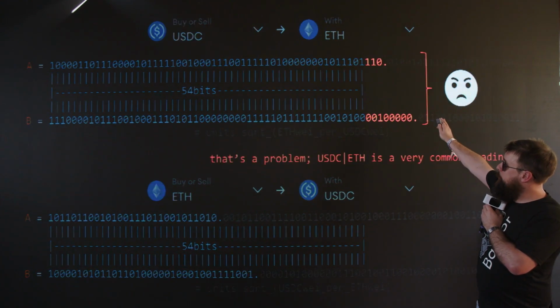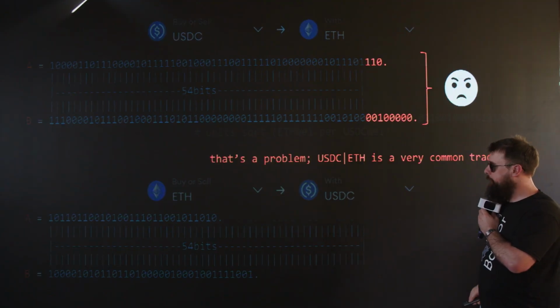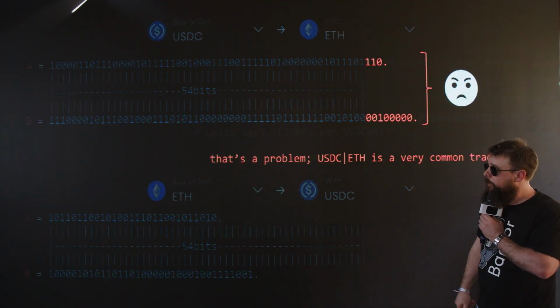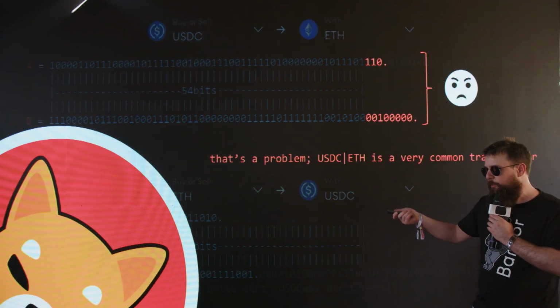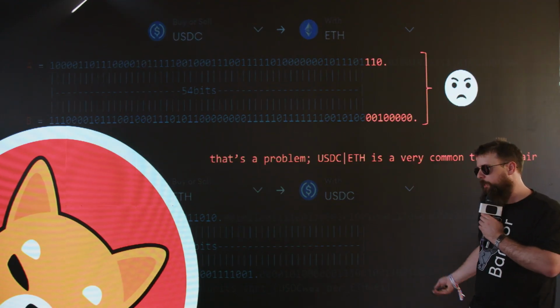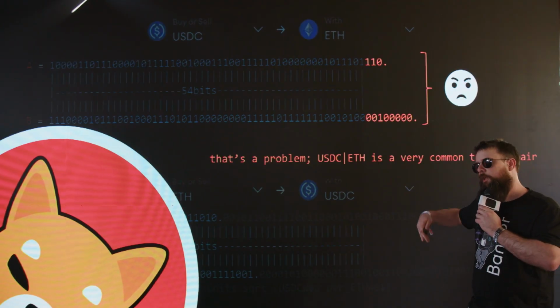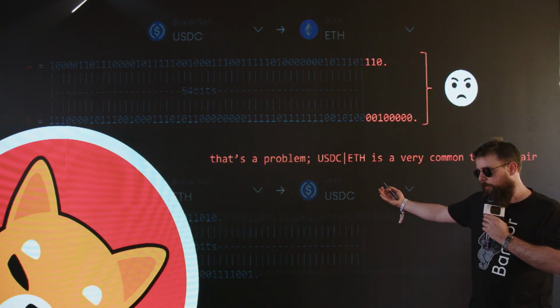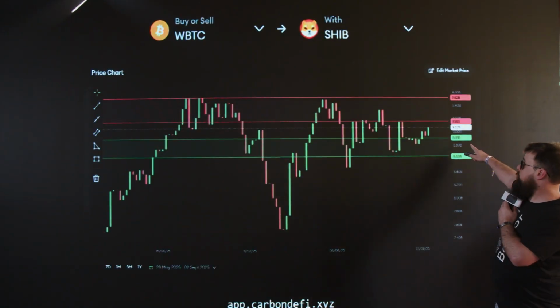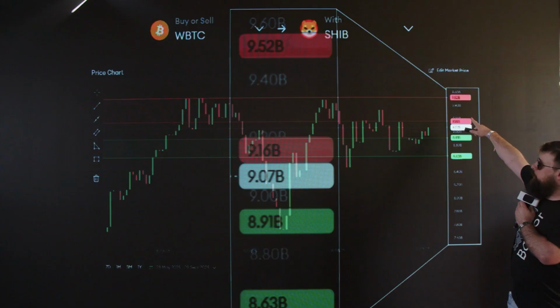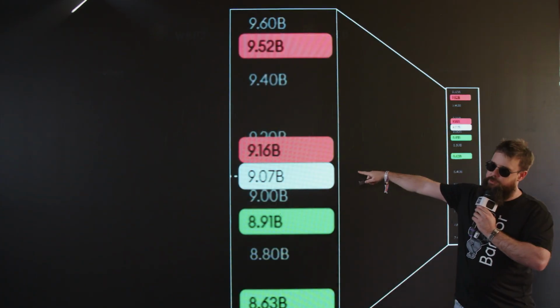Now, you'd think that this would be a relatively bad offender, but there's a much worse one, which is the Shiba Inu token. I'm not sure if anyone in this room has traded Shiba Inu before, but it's a relatively worthless, very high decimals token. If we compare it to something like wrapped Bitcoin, you can see that the prices are already expressed in terms of billions of tokens.